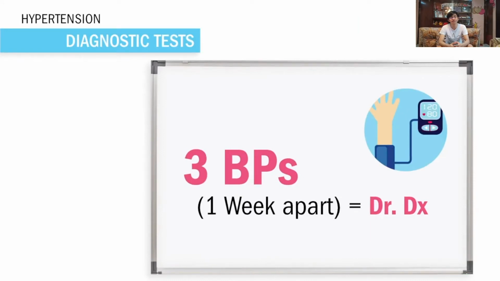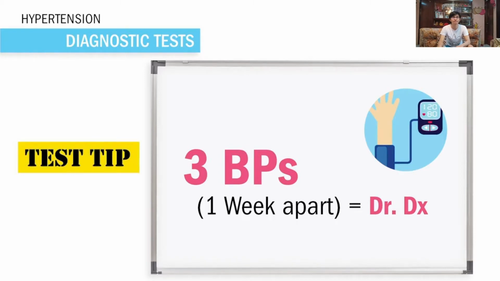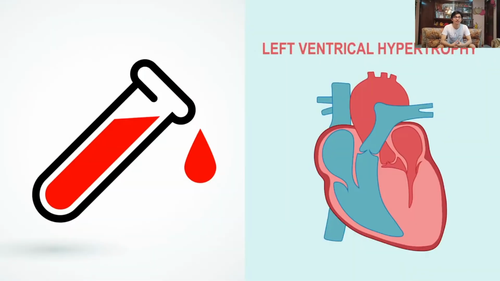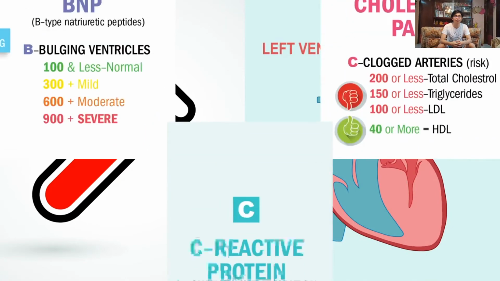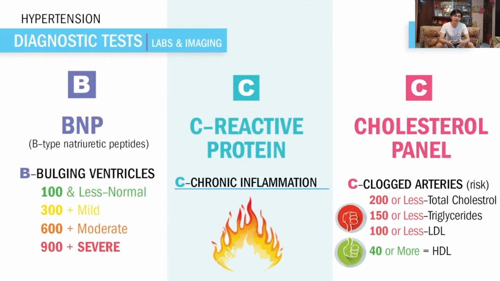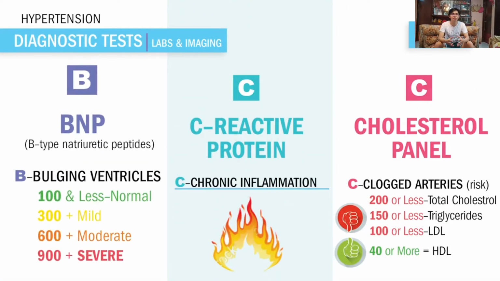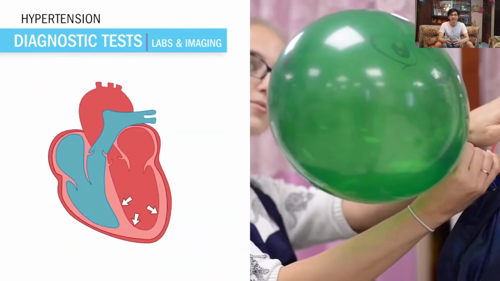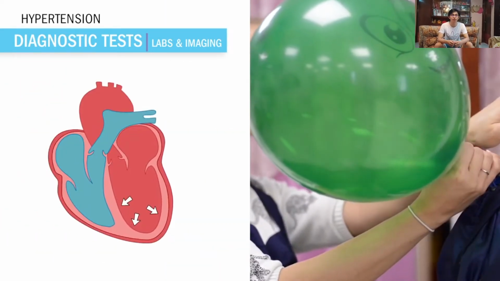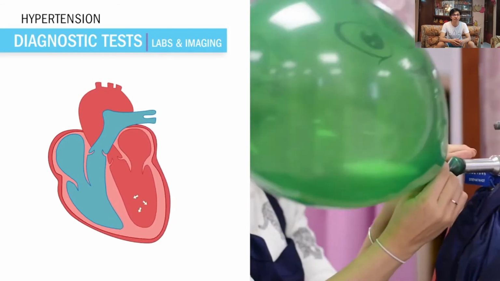To determine and firmly diagnose hypertension, the physician usually needs 3 blood pressure measurements, each with 1 week apart. For blood labs, an acronym BCC can be used to remember this. B for BNP or brain natriuretic peptides, which can indicate the wear and tear of the ventricles, specifically the left ventricle.